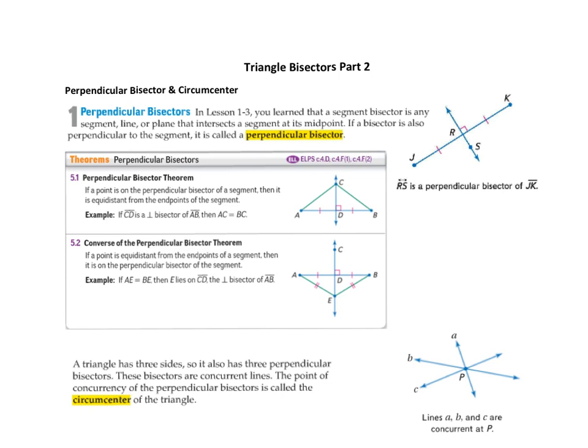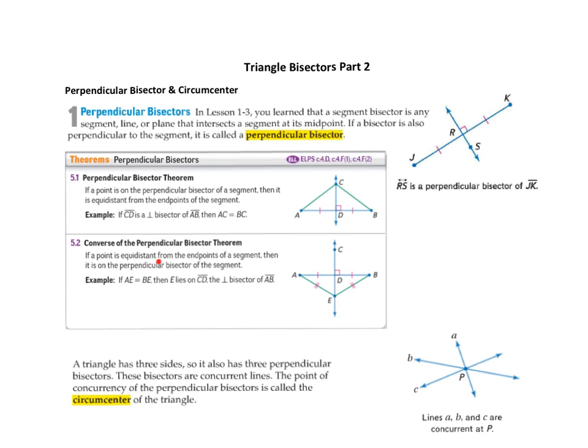We talked a little bit previously about the perpendicular bisector theorem. If a point is on the perpendicular bisector of a segment, then it is equidistant from the endpoints of the segment. That is to say that if, in fact, these two are congruent, then CD is our perpendicular bisector, and C is the same distance from A as it is from B. The converse of this is also true.